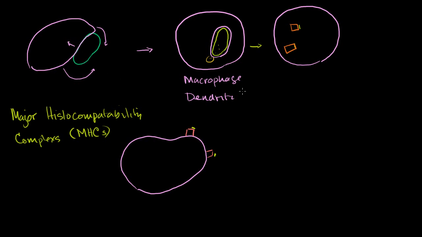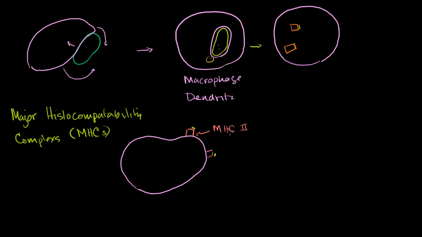And when we're talking about phagocytes, or macrophages or dendritic cells that are particular cases of phagocytes, the major histocompatibility complexes that they present after they've digested this molecule are MHC class 2. So let me write this down. This is an MHC class 2 protein.